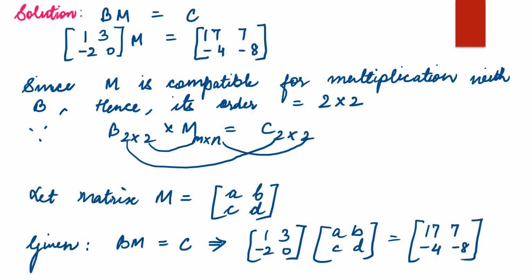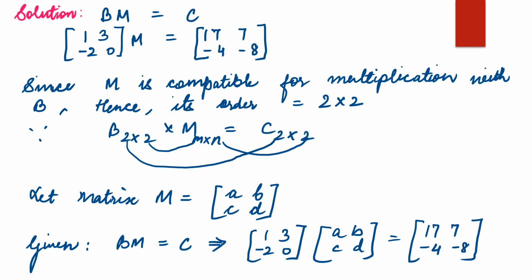Since M is compatible for multiplication with B, its order is 2 by 2, because at the end also we are getting a 2 by 2 matrix. So M should also have order 2 by 2. Suppose we assume that M has order m by n, B has order 2 by 2, and C has order 2 by 2. The resultant matrix is of order m into p.